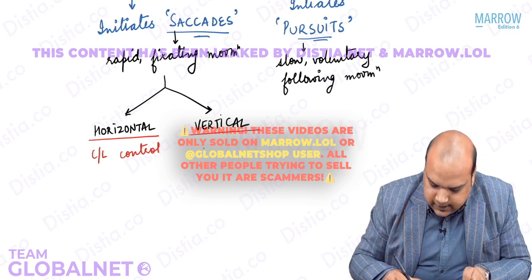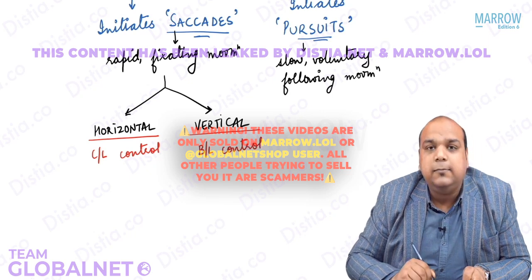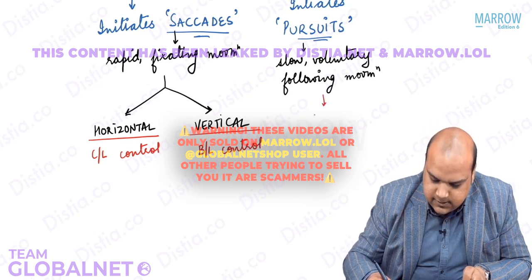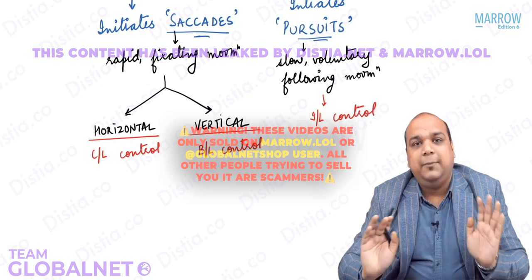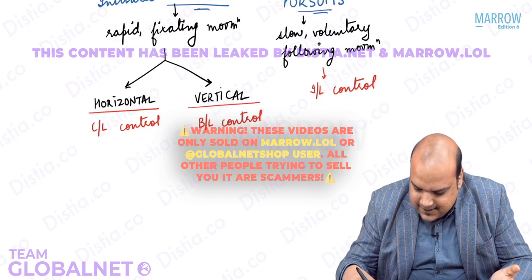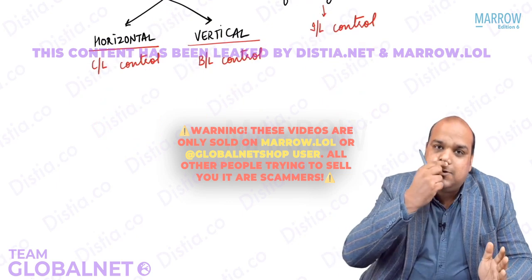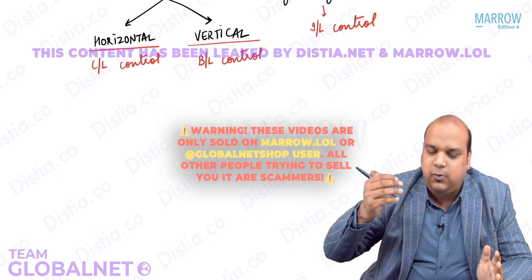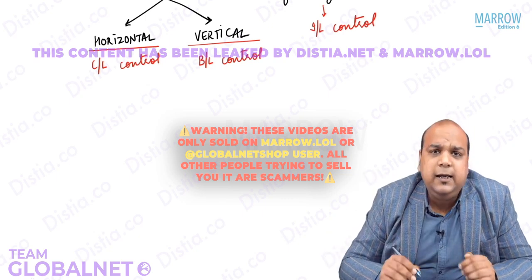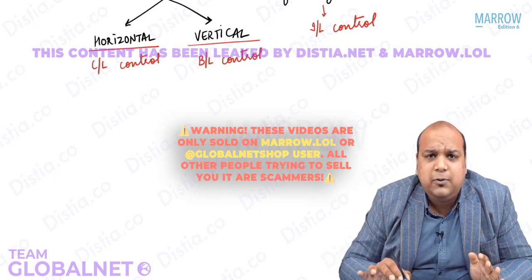Vertical saccades or vertical gaze is bilaterally controlled, whereas pursuits are ipsilaterally controlled. Am I clear to everybody? More we will discuss a little later on. Just remember this much now: saccades means gaze, horizontal or vertical. Horizontal is contralateral controlled and vertical is bilaterally controlled. Am I absolutely clear about this much, everybody?